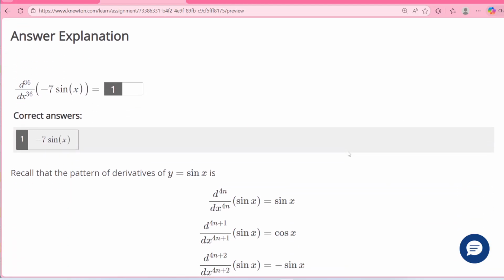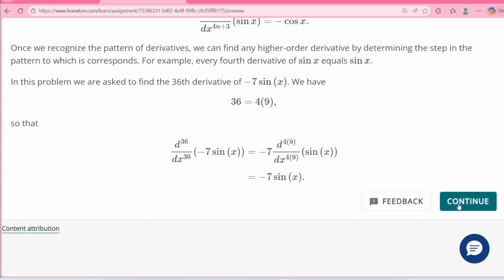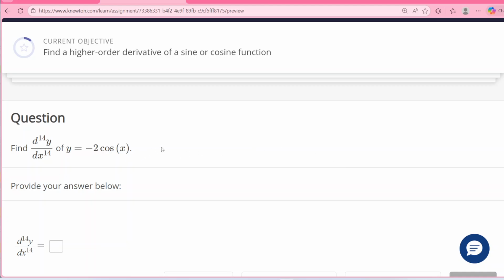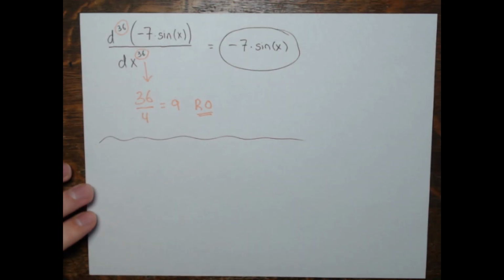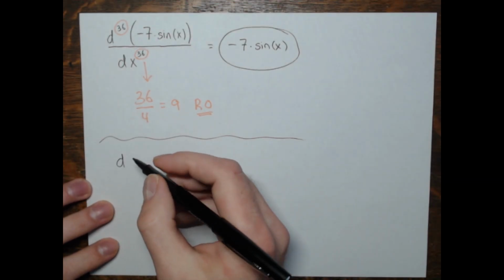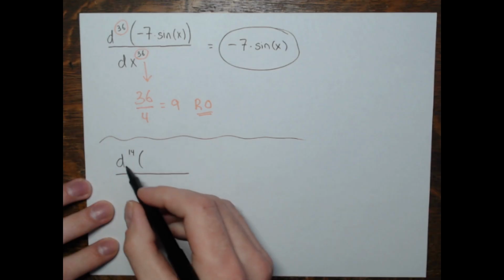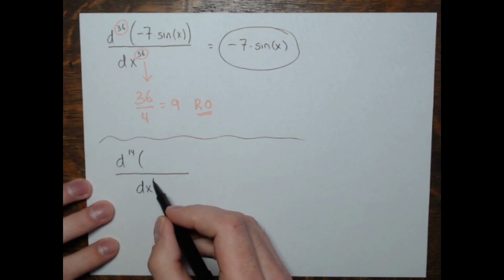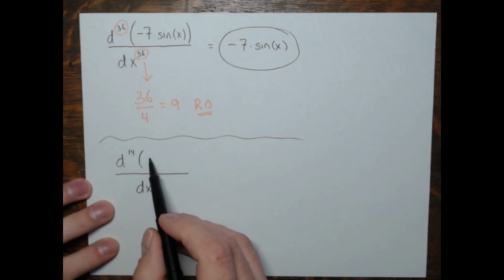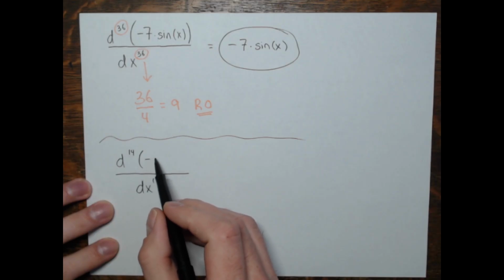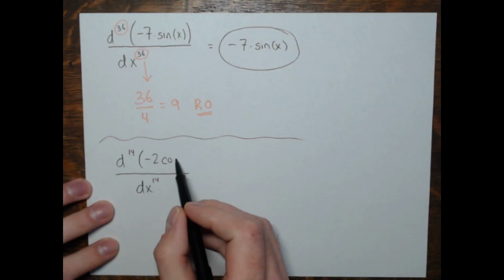So that's what I'm typing: -7 times the sine of x. And great. So another one like this, but this time it's cosine involved. I'll do this on the same page I just had, there's still some space. Here we're asked for the 14th derivative, d^14 over dx^14 of the function, they have y here, but y is -2 times the cosine of x.